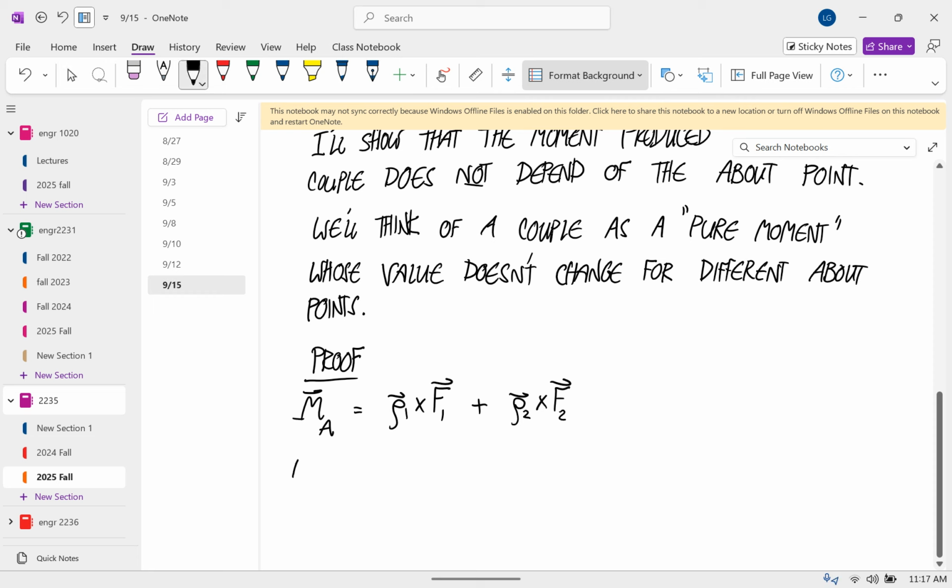Okay, so MA, if I expand this, is equal to P1 minus, so that row 1 is P1 minus A. And we're crossing it with F1.